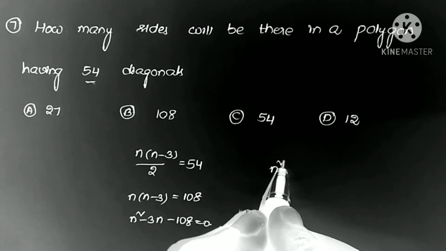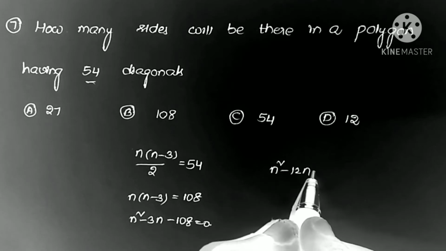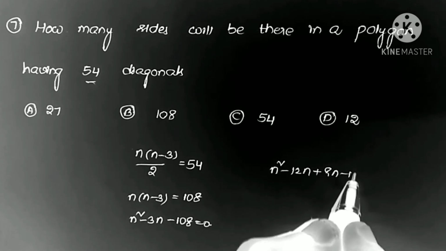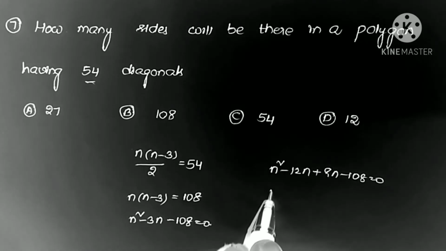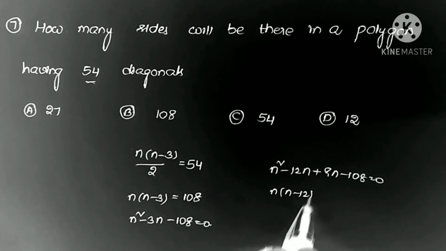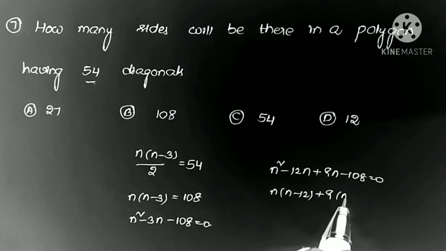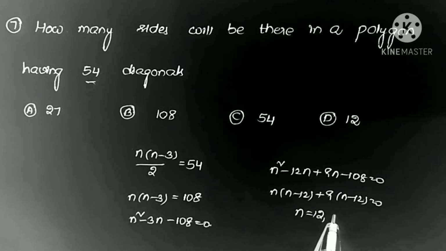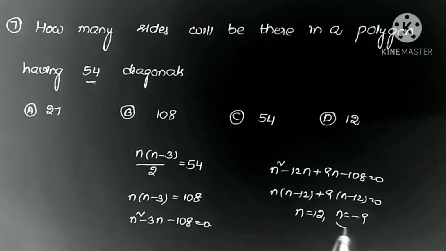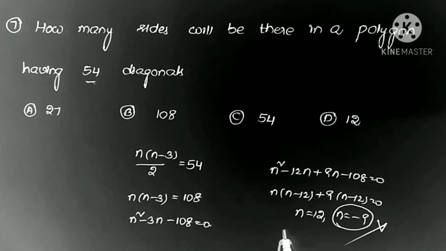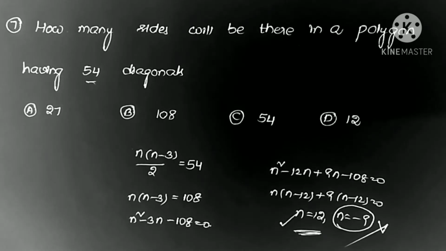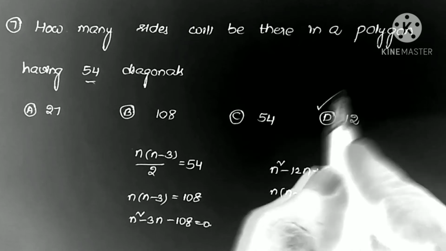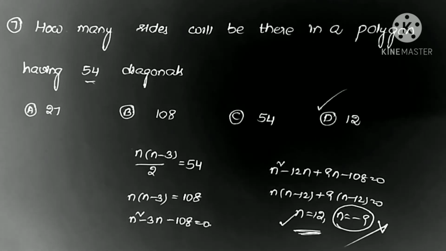Now taking the factorization, n square minus 12n plus 9n minus 108 equal to 0. So n into n minus 12 plus 9 into n minus 12 equal to 0. Then n is equal to 12 or n is equal to minus 9. But we don't take the negative value, therefore n is equal to 12. That is, the number of sides in the polygon is 12.